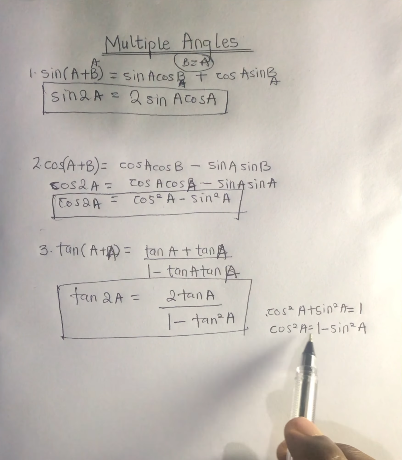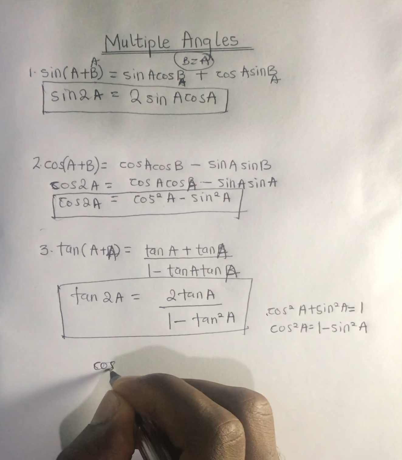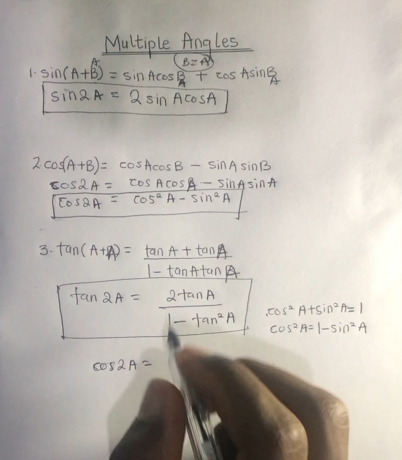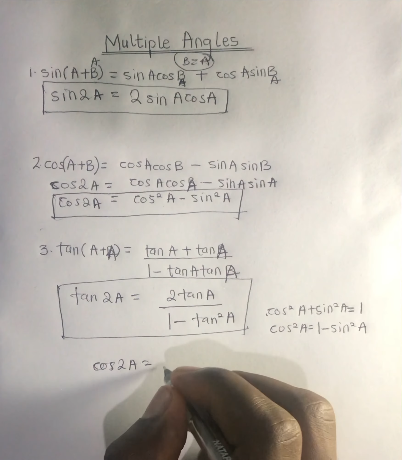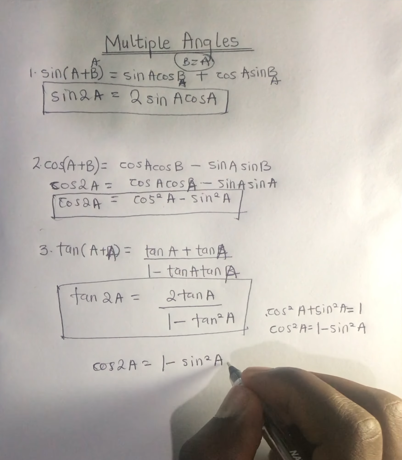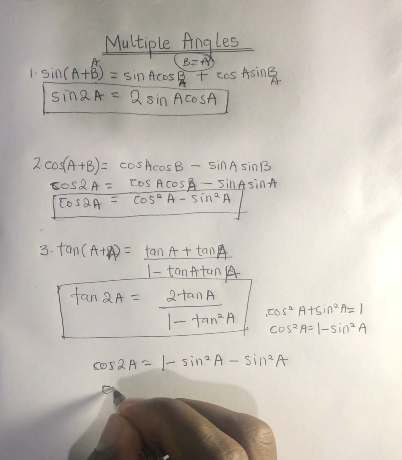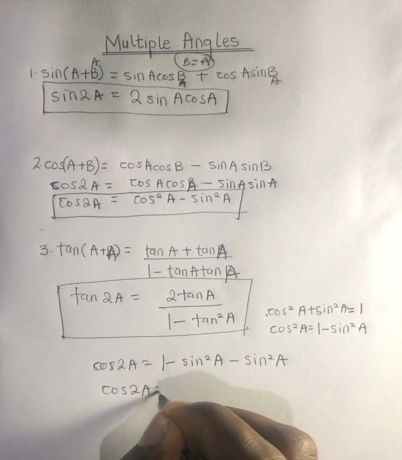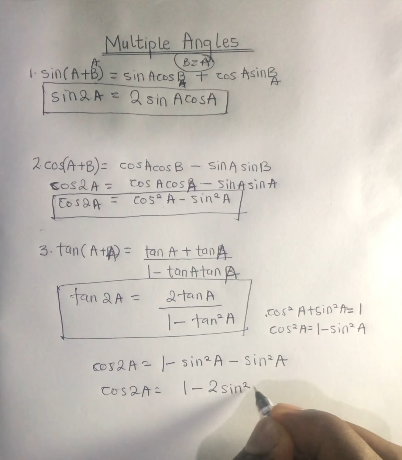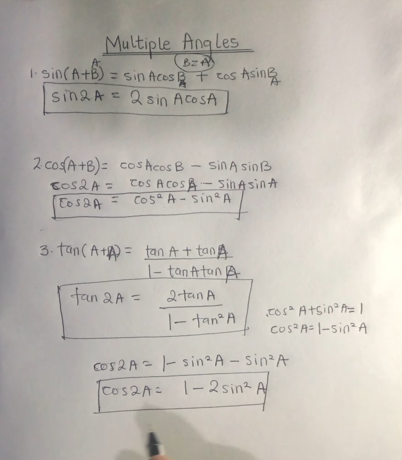So inserting cos square A into this equation, we obtain cos 2A to be equal to cos square A, which is now 1 minus sine square A, minus sine square A. So we obtain cos 2A to be equal to 1 minus 2 sine square A. And this is our fourth equation.